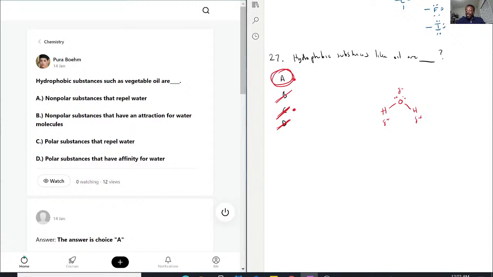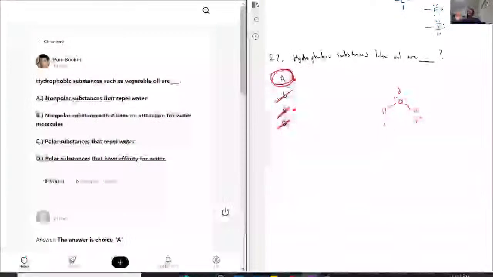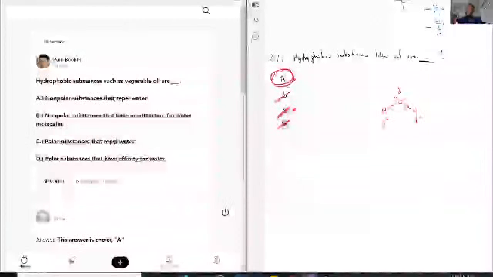How do we know actually that oil, vegetable oil, is a non-polar substance? Because when you think of what it's composed of, the fatty acids and the fatty acid chain, and glycerol, I think, no, not glycerol, that's something else. But the fatty acid chain, all that part is just hydrocarbons bonded again and again and again, and it doesn't really have a polar aspect to it when you're dealing with hydrogen and carbon bonds.